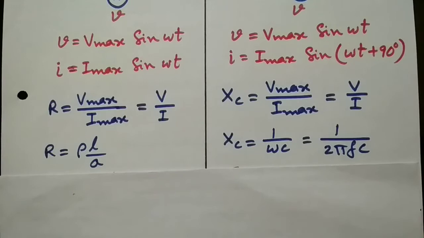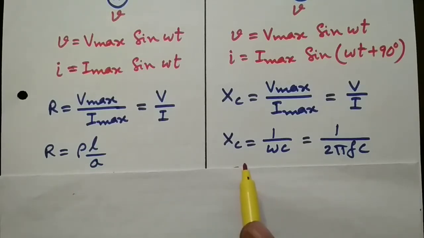The resistance can be found by using the formula R equals rho L upon A, where rho is the resistivity, L is the length of the material, and A is the cross-section area of the material. That we have already discussed in earlier classes.